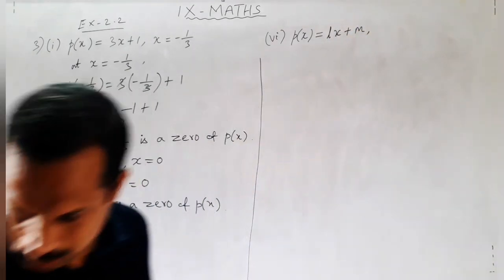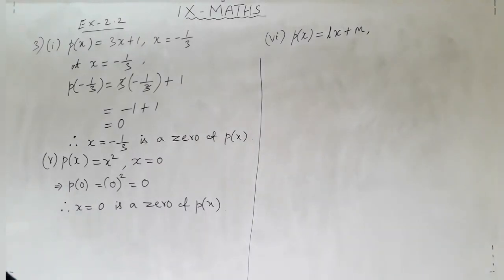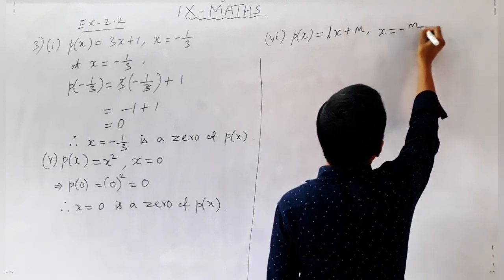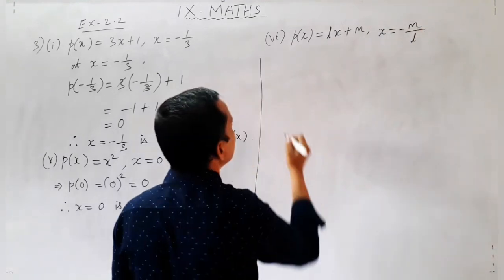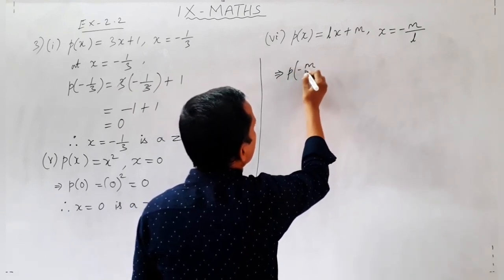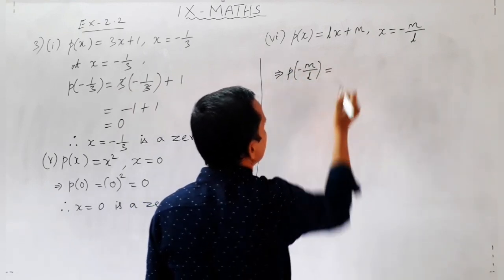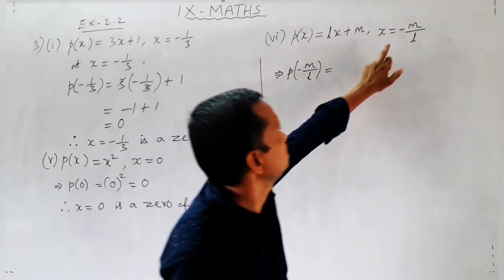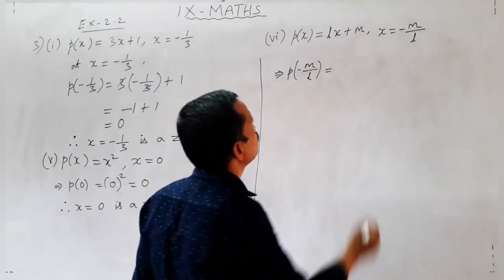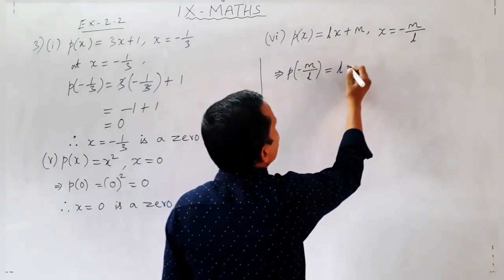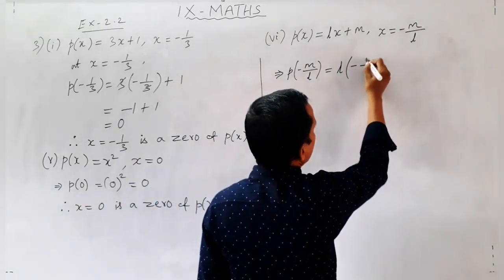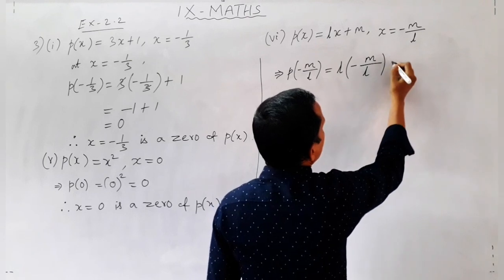And against that, it is given x equal to minus m by L. Okay, so this implies P of minus m by L, the indicated value of x is minus m by L. So you have to substitute here. So L into what is x? Minus m by L. So minus m by L plus m.